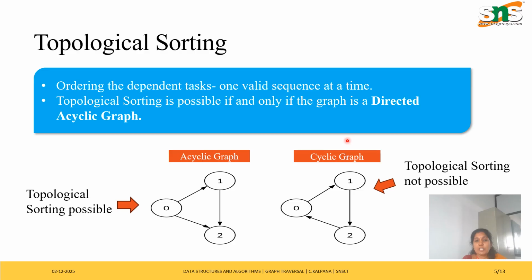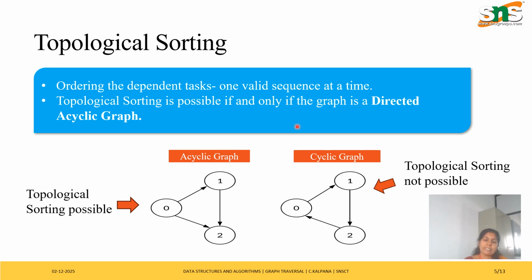This is the definition of topological sorting, as I told you. If we want to display anything in a particular order, or do a process in a particular order, in those cases topological sorting or ordering is very important.